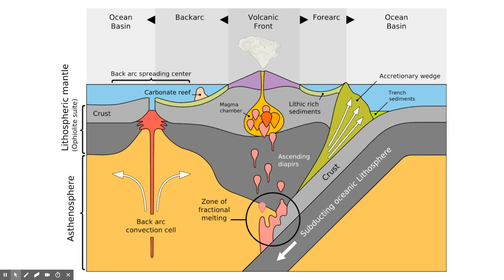All right, so during subduction, in this particular case, we have oceanic lithosphere diving beneath oceanic lithosphere, and we get an island arc like Japan, or like the Blue Ridge of Virginia and Maryland used to be at one time, 300 million years ago. Here we have the volcanic front. This would be Japan, the islands themselves. You'll also have a back arc basin sitting behind that island arc, which occurs between Japan and China over here.